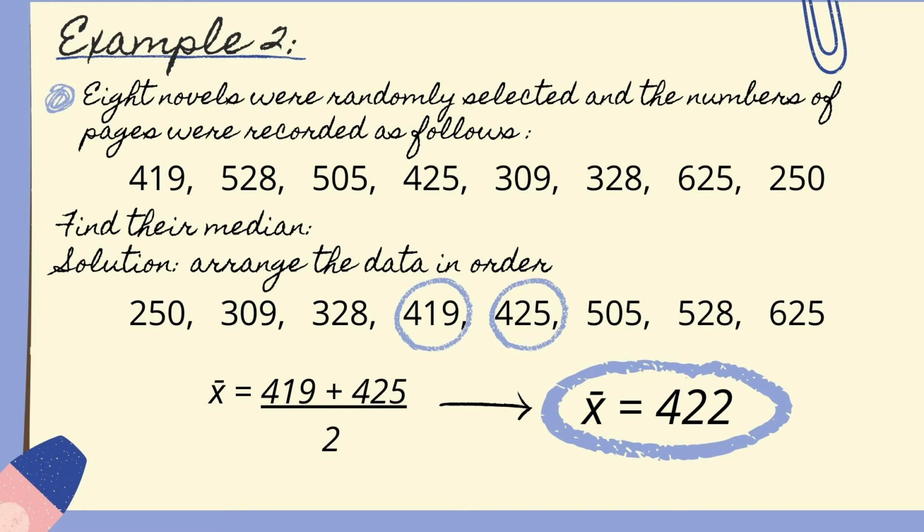Like what I did with the first example, I arranged the data from least to greatest: 250, 309, 328, 419, 425, 505, 528, and 625. Since we have two midpoints, we add both 419 and 425, which equals 844, and divide it by 2, so our median will be 422.